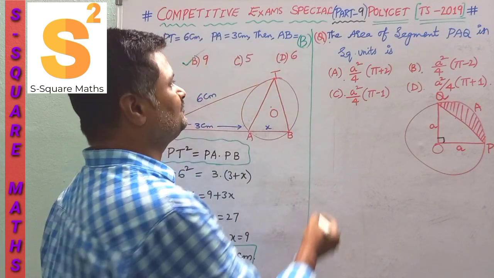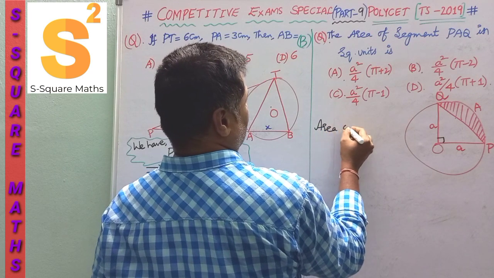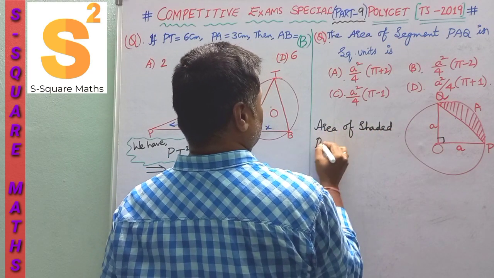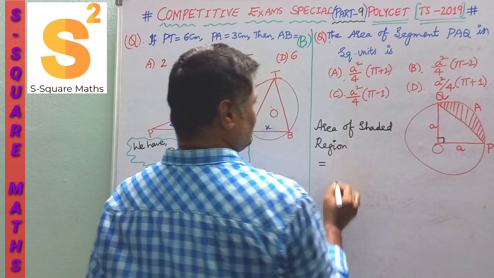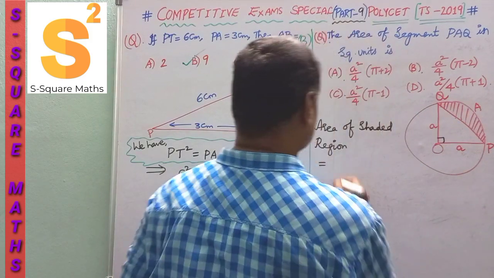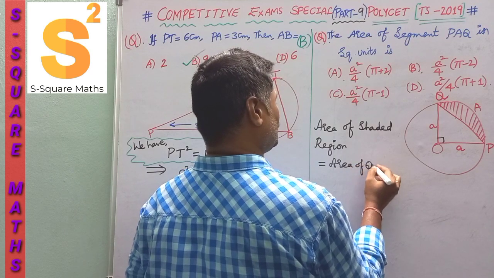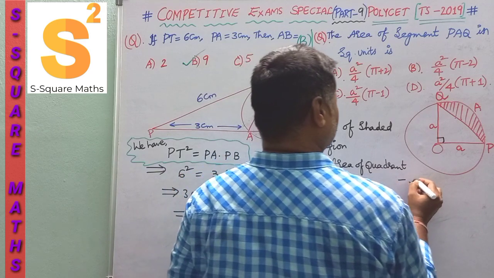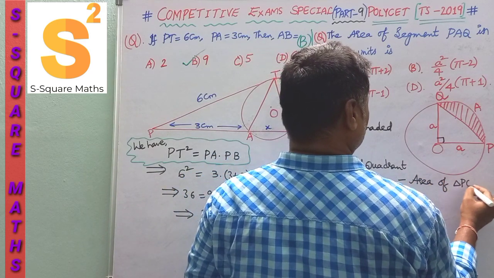Area of shaded region is area of sector minus area of triangle. You can write area of quadrant, no problem, minus area of triangle POQ.